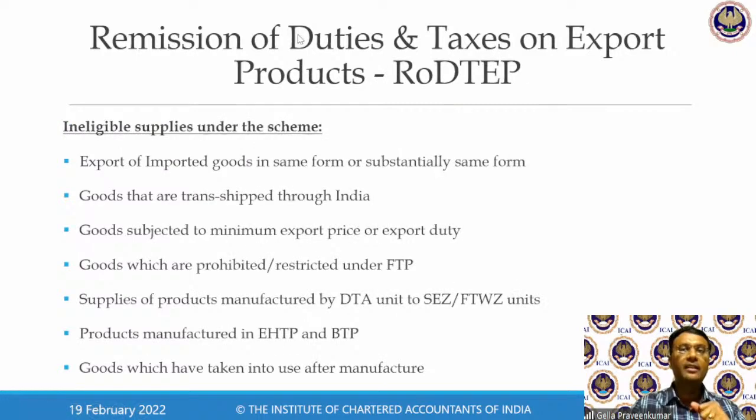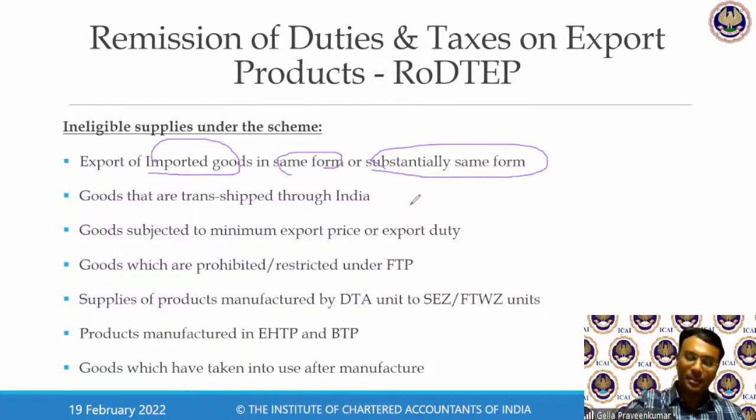Now, in the process of calculating, they say, look, these supplies I don't consider for RoDTEP. What is that? Goods imported into India and exported in the same form or substantially the same form. You have imported a cord, you have exported back the cord.